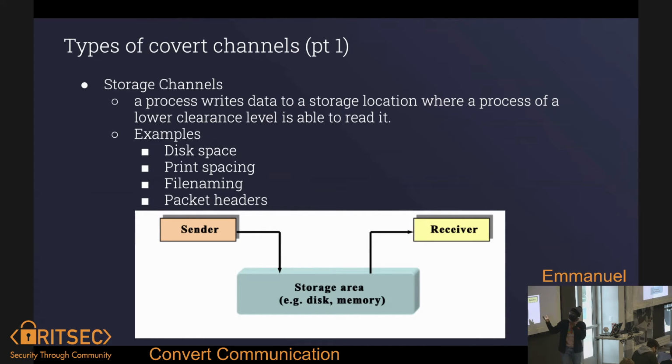This is pretty straightforward. I think we use this every day. When you write files to your system and read them, it's not covert communication, but that's a way you can transfer data. Those are some examples people can use to transfer data using storage channels.